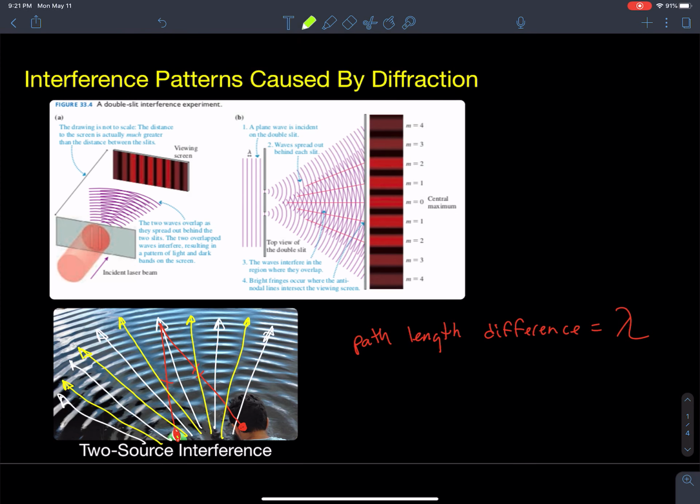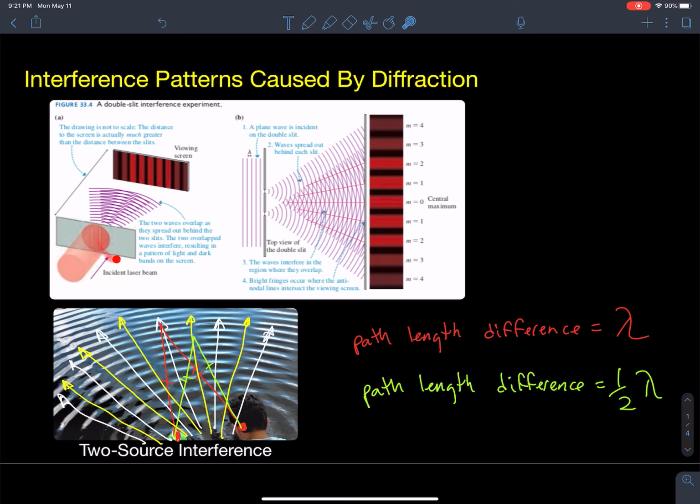Okay, that's because when they intersect here at these 2 points, the path length difference is 1/2 lambda. Okay, so if it's 1/2 the wavelength, that means a crest and a trough are going to overlap, and they're going to cancel out. If it's a one whole wavelength, a crest is going to meet a crest, and they're going to add together and make a positive interference pattern.